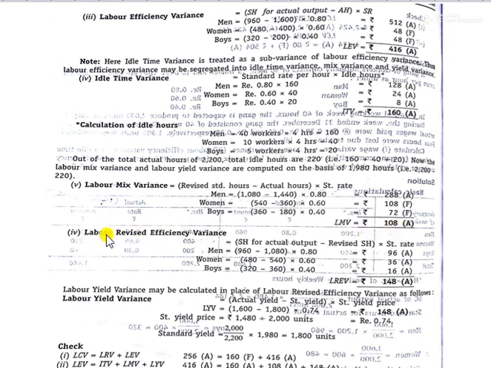Next we are going to calculate the labor revised efficiency variance. The formula is standard hours for actual output minus revised standard hours into standard rate. Already we calculated the standard hours for actual output: for men 960, for women 480, for boys 320.